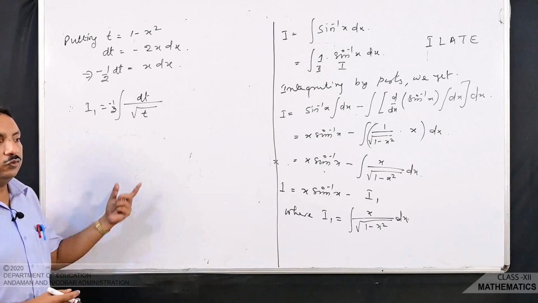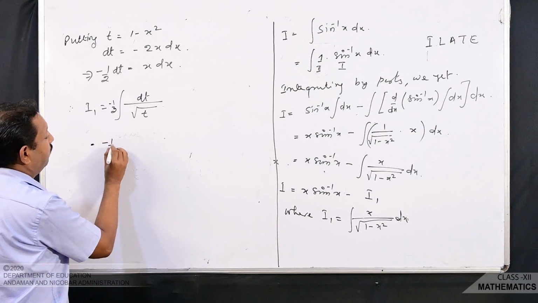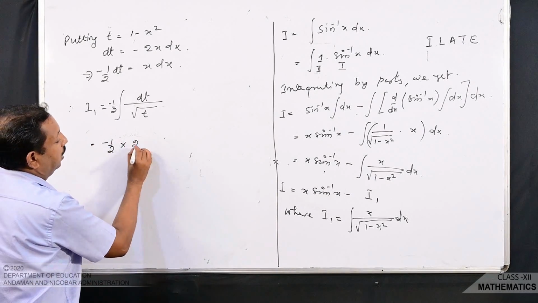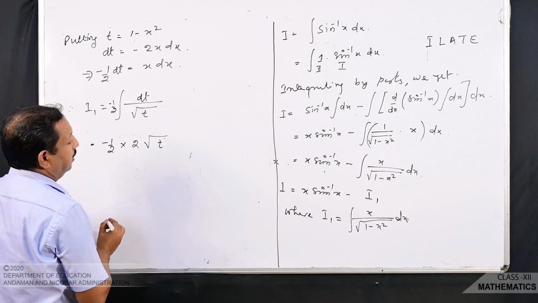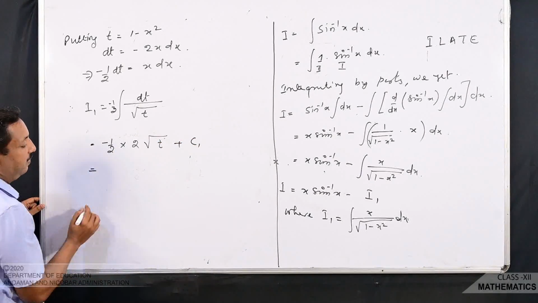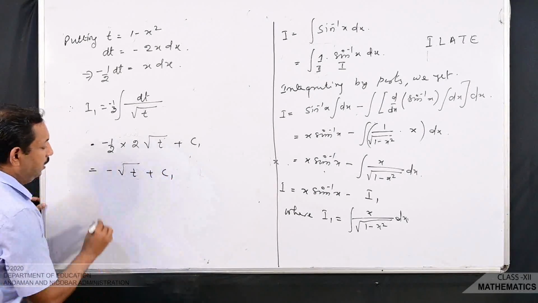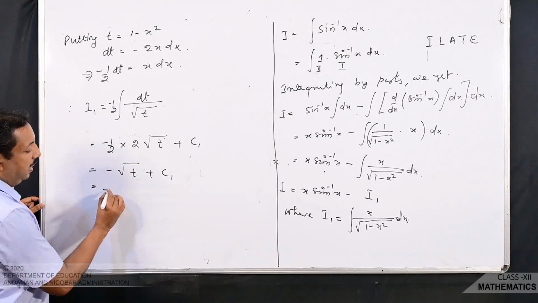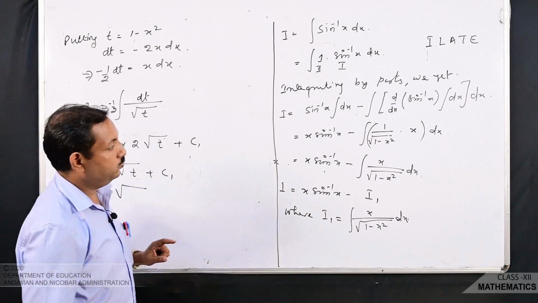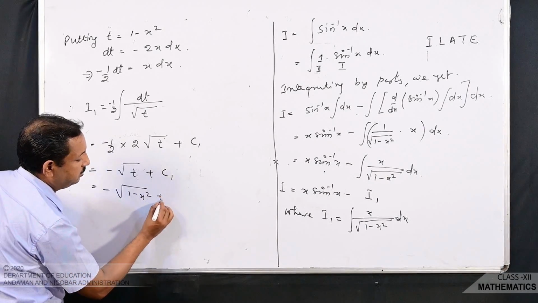Now we all know the integration of 1 upon under root of t is 2 times root t, and you can write C1 here also. So this 2 will cancel, and you will have minus root t plus C1. So that means minus under root of 1 minus x square plus C1, where we have assumed t as 1 minus x square.